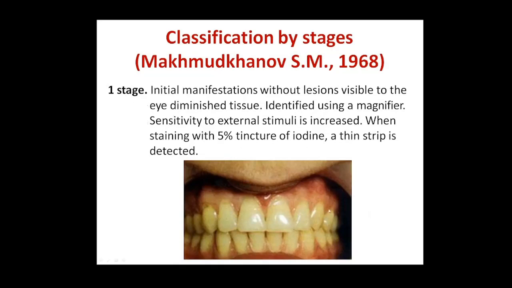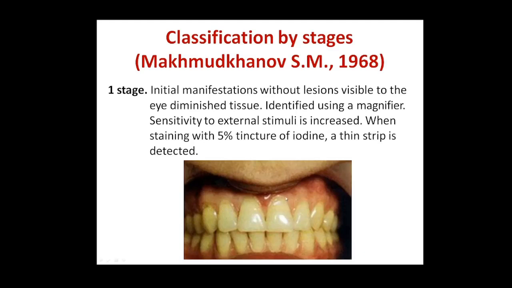First stage, according to depth. First stage, initial manifestation without lesion visible to the eye, diminished tissue, identified using a magnifier. Sensitivity to external stimuli is increased. When staining with 5% tincture of iodine, a thin strip is detected.